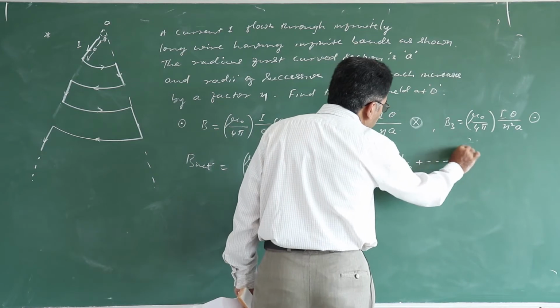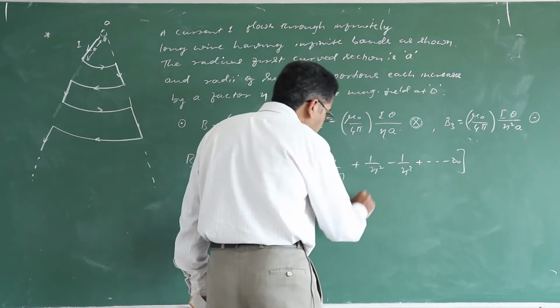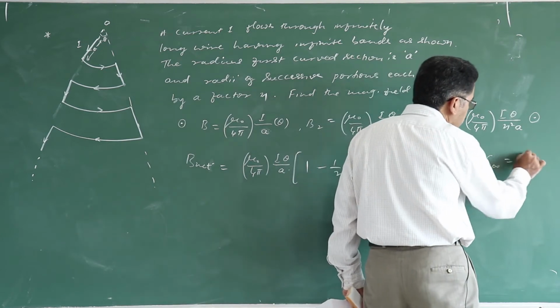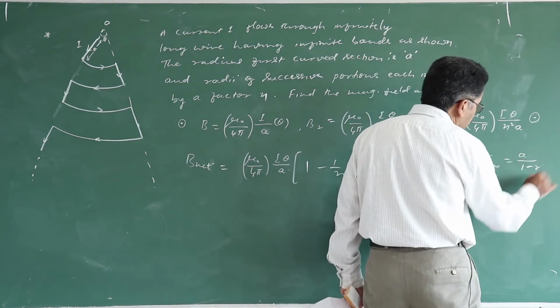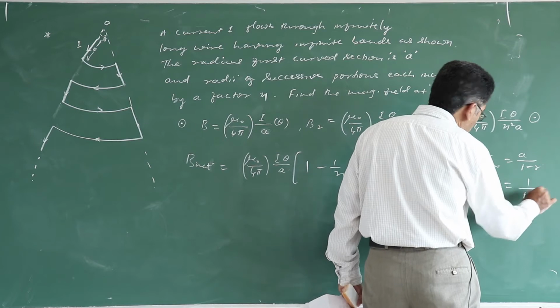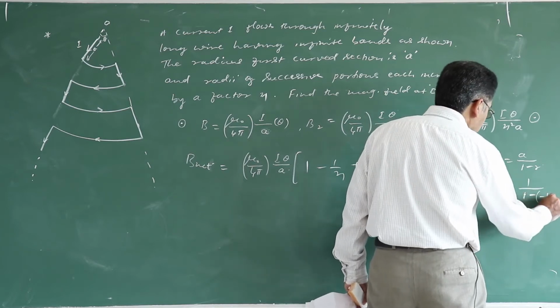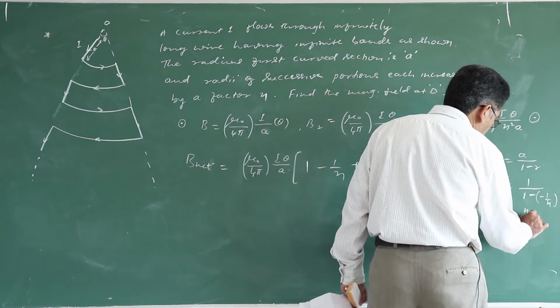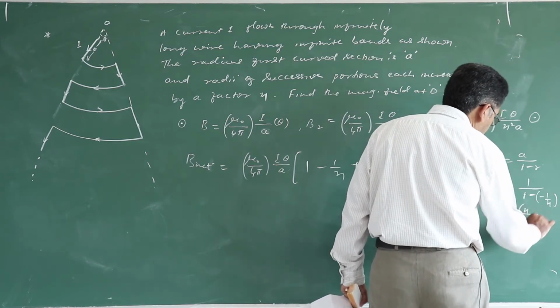Up to infinity. So you know that the sum to infinity is given by A by 1 minus R. First term is 1, ratio is minus 1 by n. You are going to get n by n plus 1.